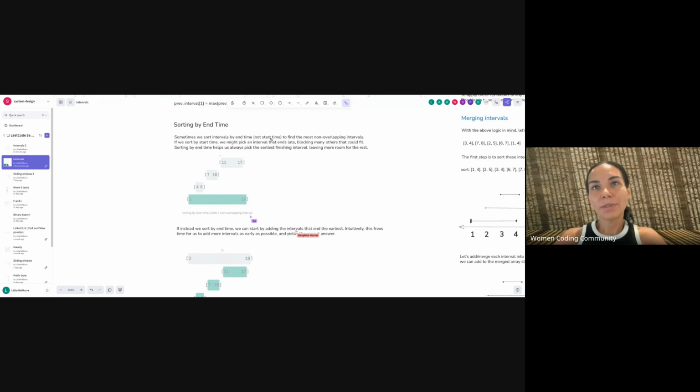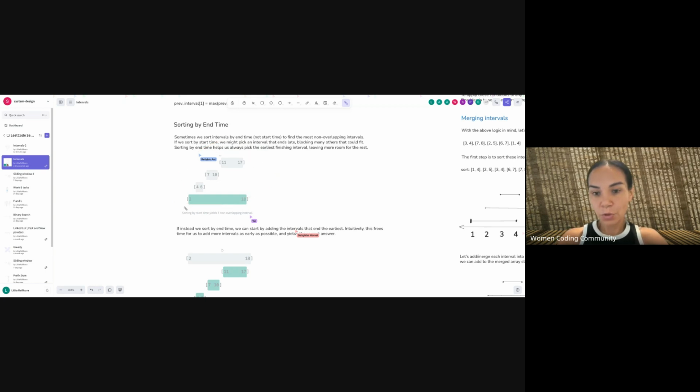So sometimes imagine that we need to find the most non-overlapping intervals. If we sort by start time, we might pick the interval that ends later, blocking many others that could fit our condition. There is an example. On this picture, I sorted them by start time.